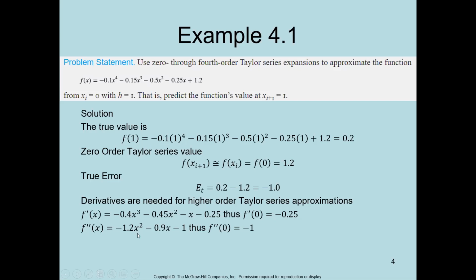The second derivative comes from the first derivative in the same way: 3 times minus 0.4, 2 times minus 1, and so on. The last term will just vanish, because it is a constant. Similarly, we evaluate this second derivative at 0, and it is -1.